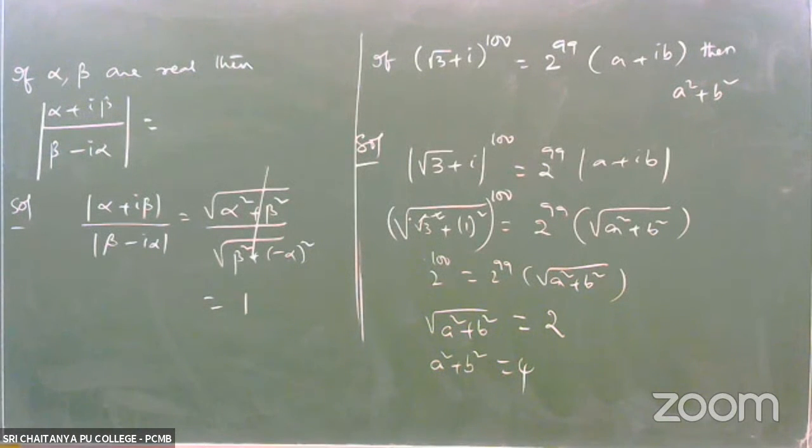So if I square on both sides, I get a square plus b square equal to 4. Copy this one.